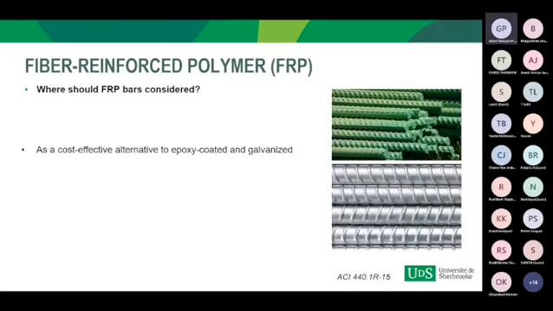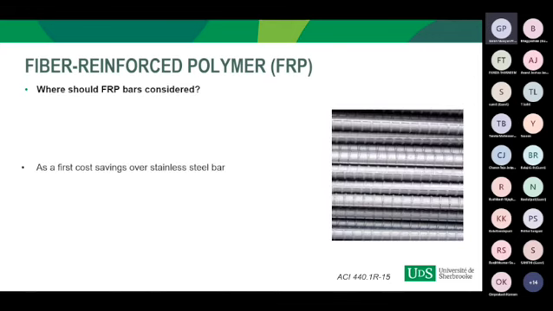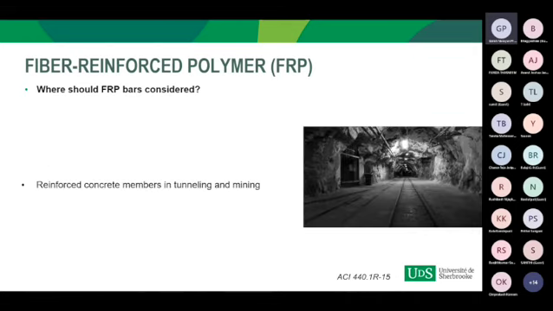And as a cost-effective alternative to epoxy-coated or galvanized steel bars, and as a first cost saving over stainless steel reinforcing bar. And for reinforced concrete members in tunnels and mining, where the presence of moisture in the earth is high.